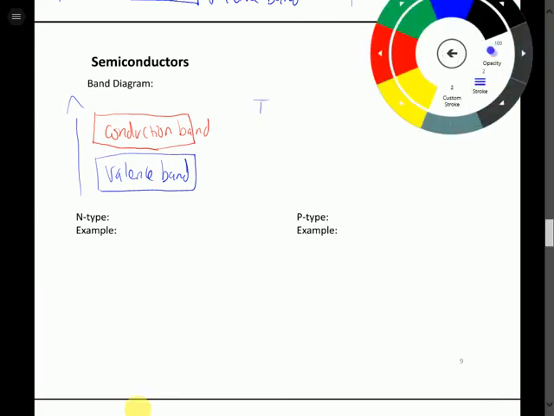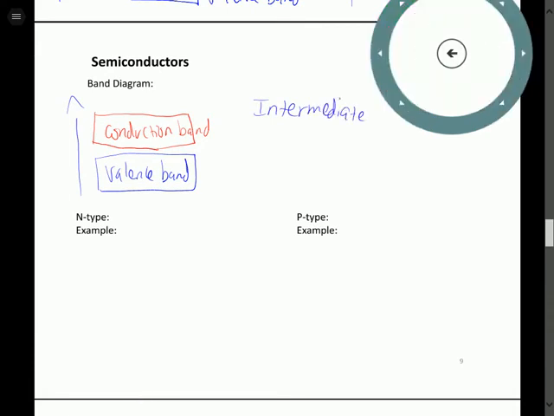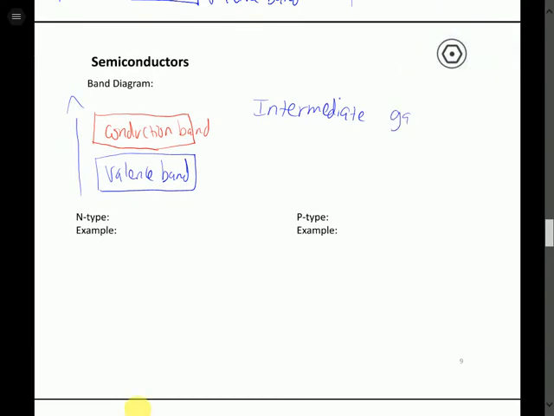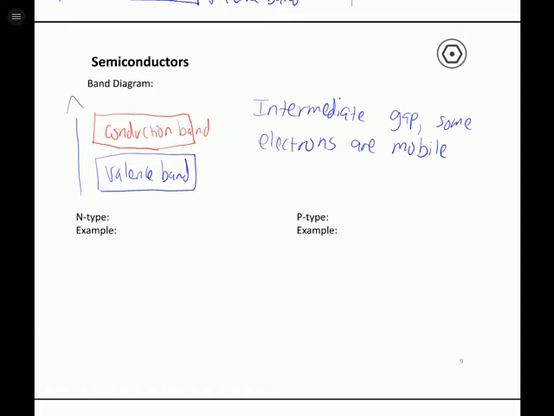All right, so we have sort of an intermediate gap here. Which means some of the electrons are mobile. So when we say a semiconductor, that means they conduct a little bit of electricity, but they're not very good conductors. But there are ways to change the conducting properties of semiconductors and make them better conductors.